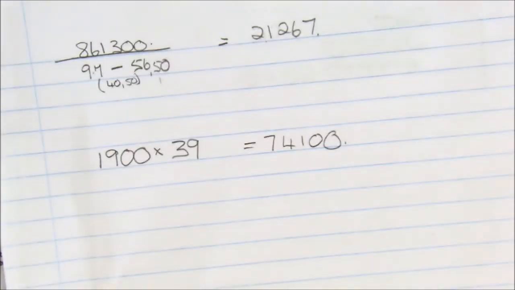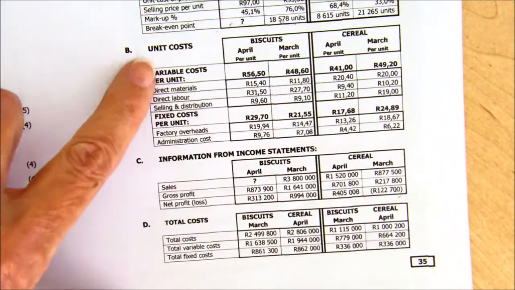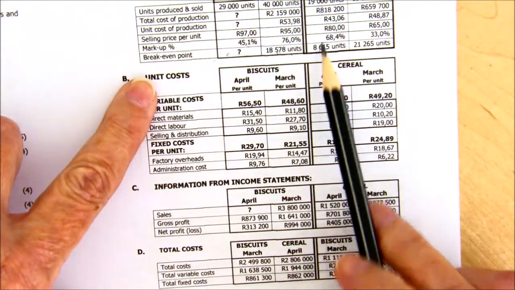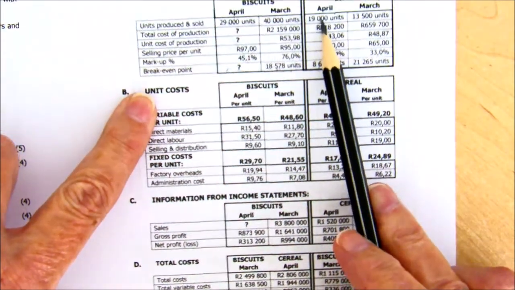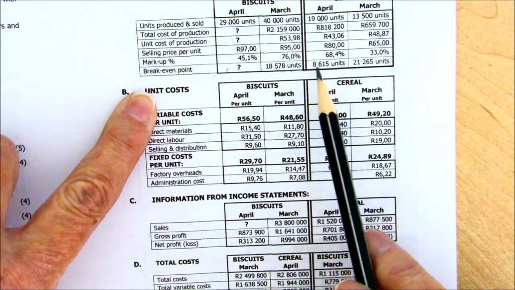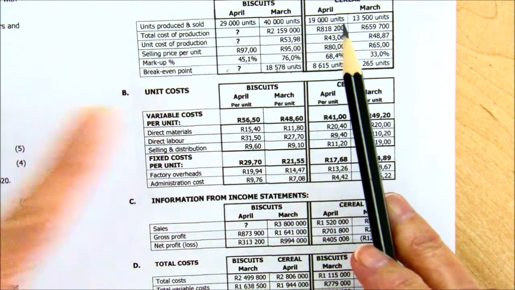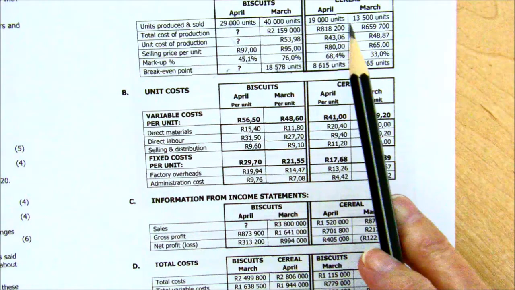This business is already breaking even, because if you look here, you can see the break even was 8615 and they were making 19,000 units. So everything over this 8615, the contribution of every unit after that will add into a profit.